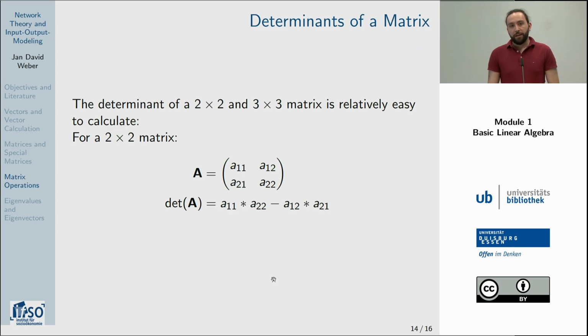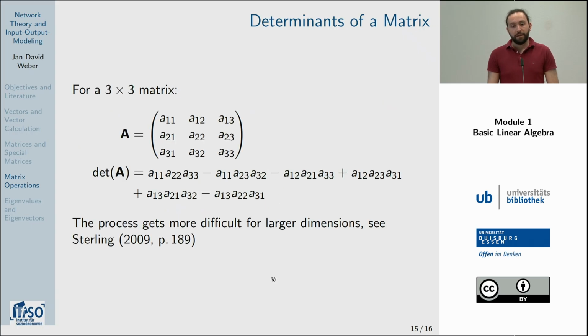If we go to the 3 cross 3 matrix, we can apply the rule of Sarrus, just for completeness, where we multiply elements and subtract them from each other. This is something you can still recall if you want, but we're getting to a point where it's already quite calculation intense.